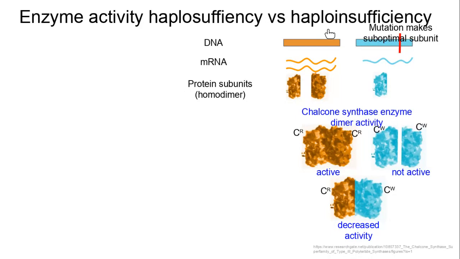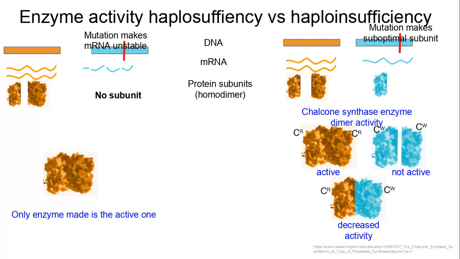And then you could think, okay, but what if it was a case of haplosufficiency? How does the non-functional allele not impact the activity of your enzyme? So here's an example. Here's your functional one. This one is your non-functional one. And in this case, this one has an early stop codon, but this mRNA gets degraded in the cell.